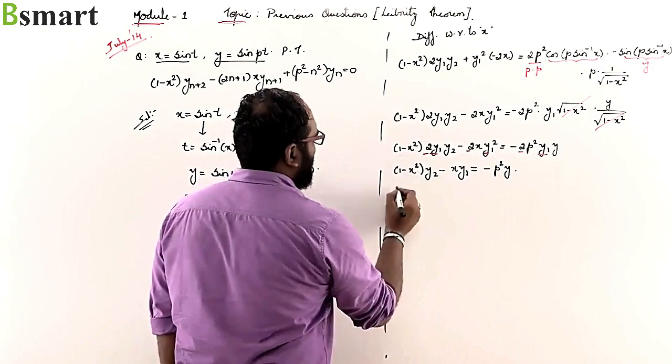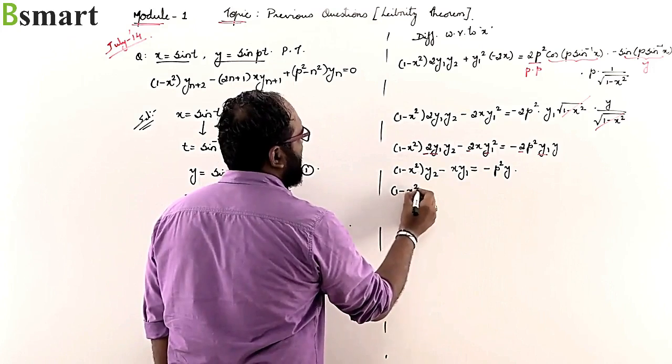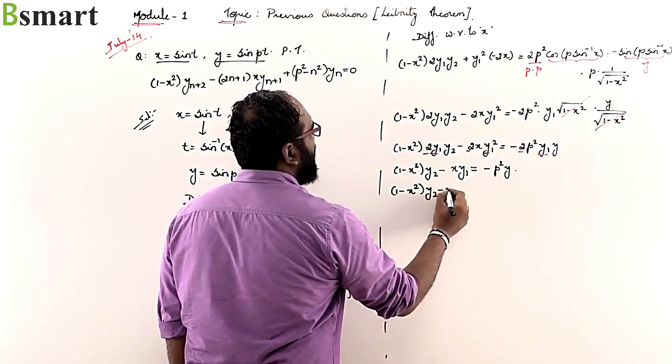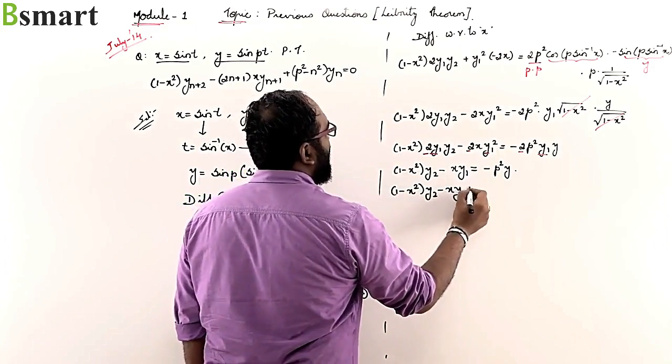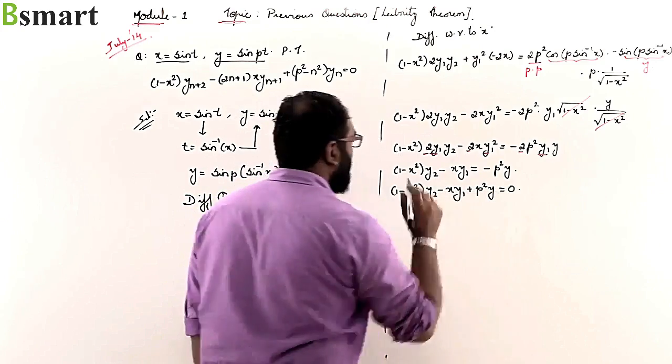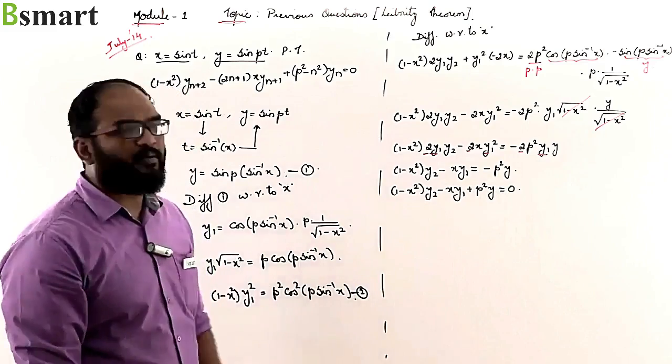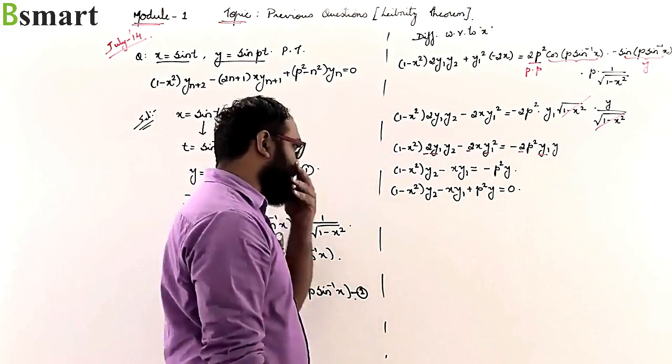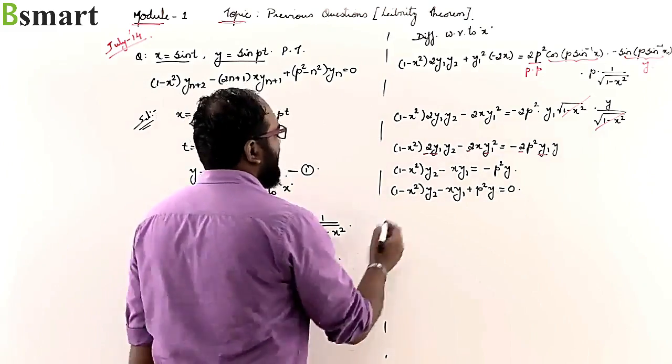So this can be written as (1 - x²) y2 - x y1 + p² y = 0. Now as we obtained the relation between y1 and y2, I'll apply n derivatives.